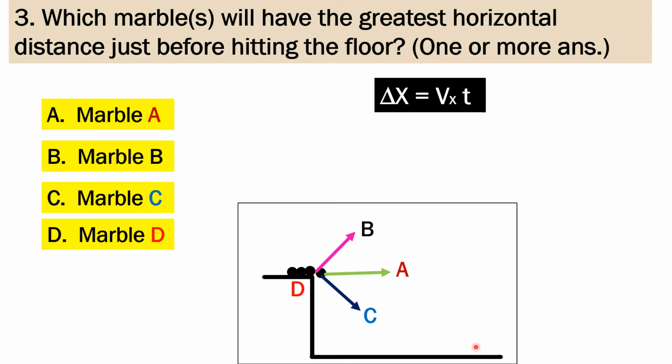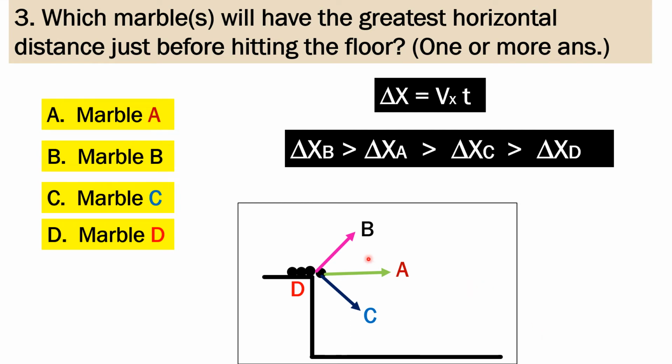Now, if you're going to arrange their horizontal distance traveled from the bottom of this, for example, this is a table, so from the bottom of the table to the point where they strike on the floor, this is how we arrange the corresponding ranges.